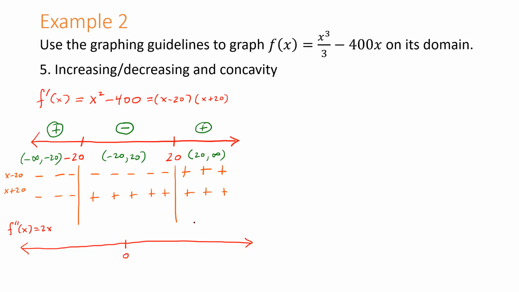We can easily see that it'll be positive on this side and negative on this side. So remember, that means it'll be concave down on this interval, concave up on this interval. Positive first derivative means increasing here, decreasing here, and then increasing here.